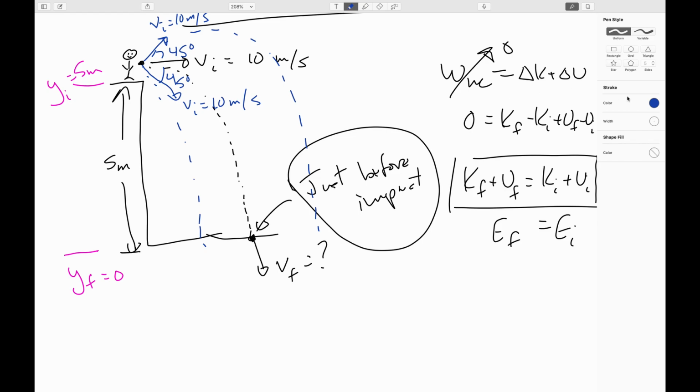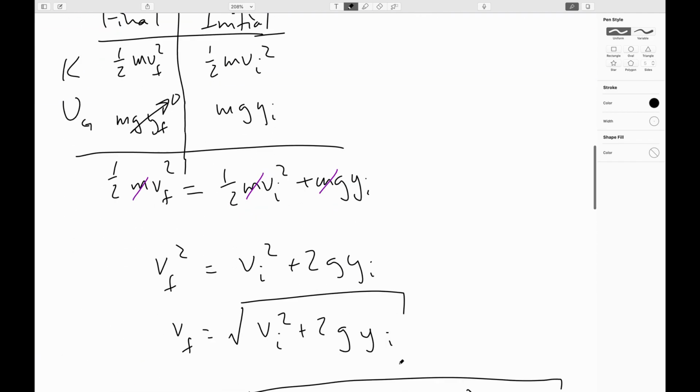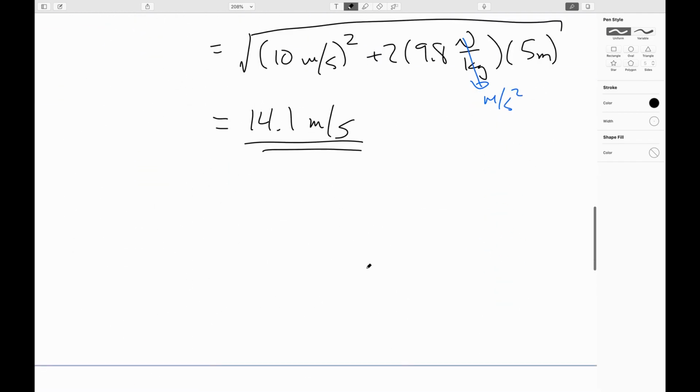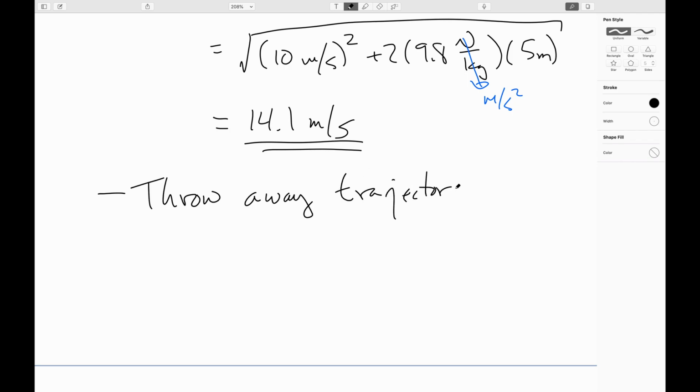This is an important trade-off in doing energy analysis. It is really super useful for the problems that it lends itself to. But the caveat here is that you always throw away information regarding the trajectory, so the actual path followed, and time evolution information.